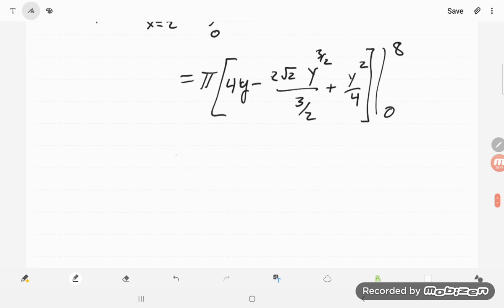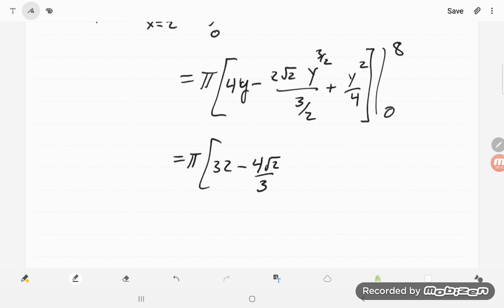Yuck. So this is pi times 32 minus, oh boy, so here we have 4 times square root of 2 over 3. Then we have 8 to the 3/2. What the heck was that again?